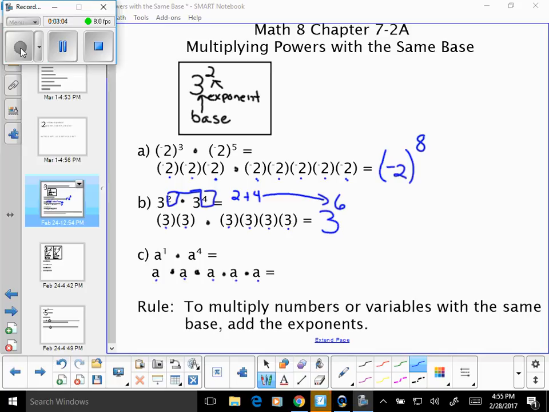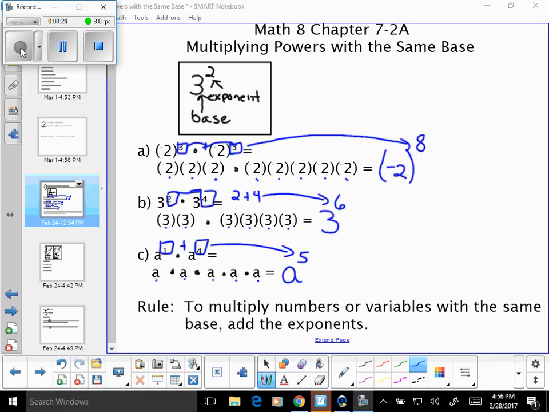We have 5. A to the fifth power. But if we take 1 plus 4, we will also get our 5. If we look back at example A, if I take 3 plus 5, I get 8.